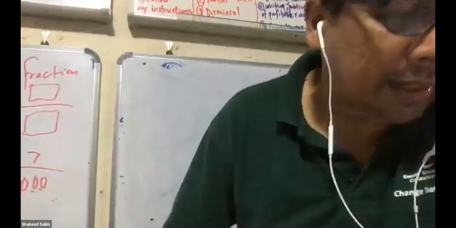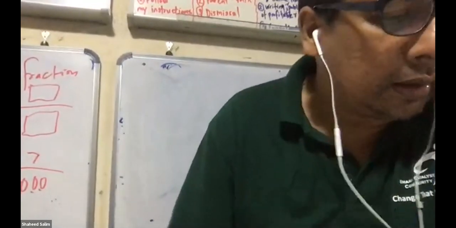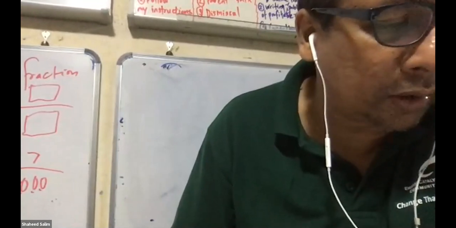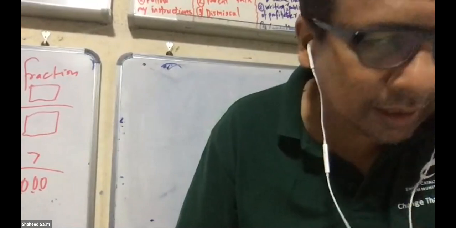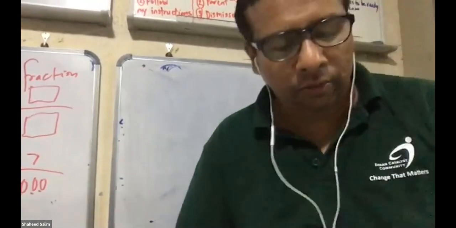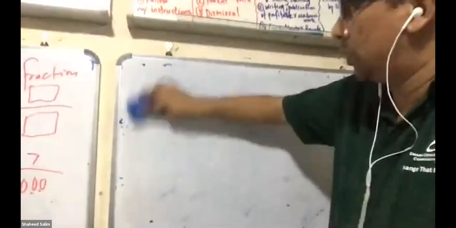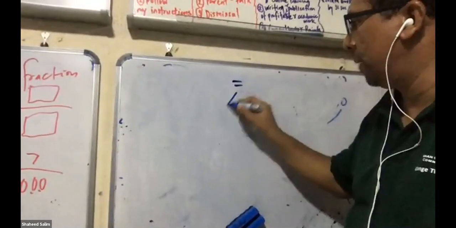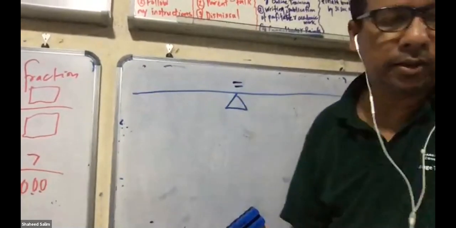ABCD is a kite. PQR is a triangle. The lengths of ABCD and PQR are shown in the diagram. The perimeter of PQR is 5 cm greater than the perimeter of ABCD. So you can form an equation. Right? Now down here, you form an equation. What's the equation? An equation must have an equal sign. If you balance like on a seesaw, it must be the same, like same weight.